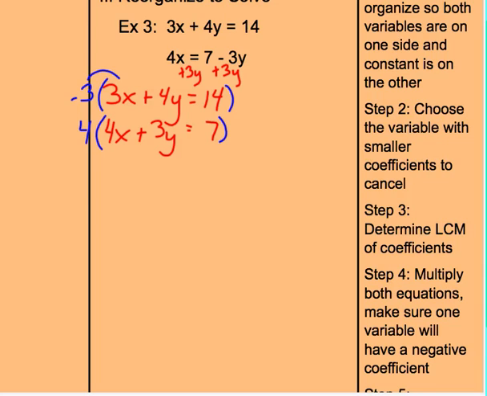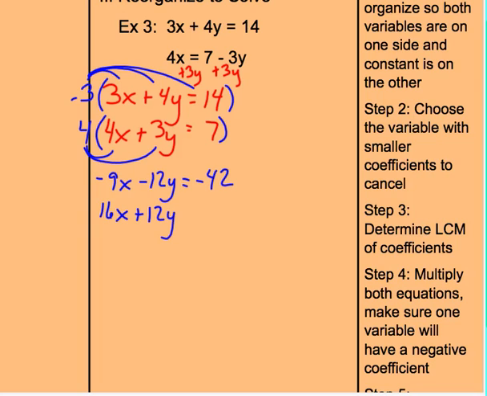Distributing my negative 3, I get negative 9x minus 12y. Negative 3 times 14 is negative 42. Distributing my 4, I get 16x plus 12y. 4 times 7 gives me 28.